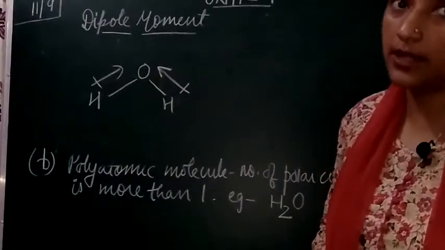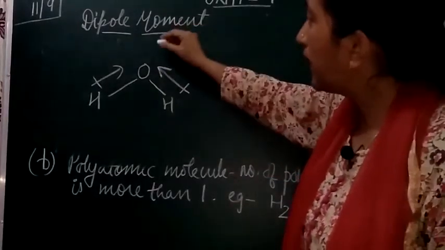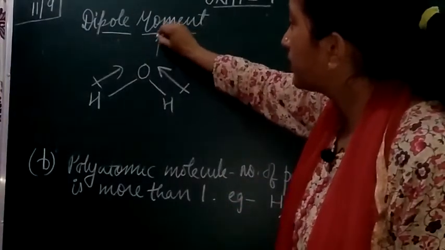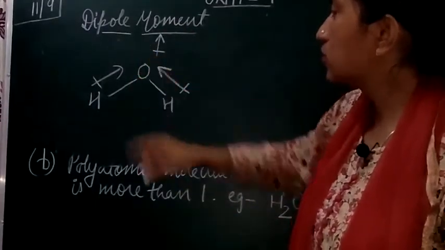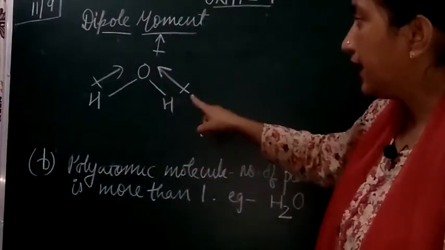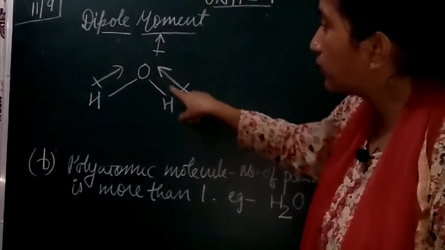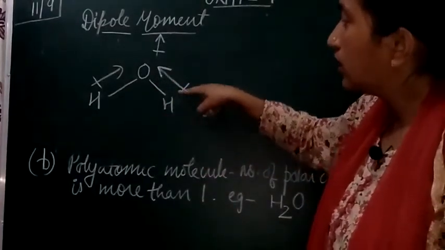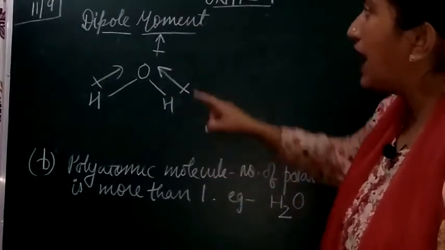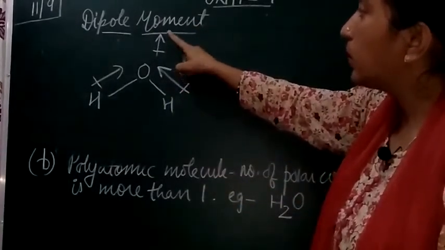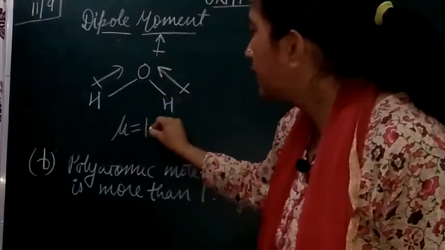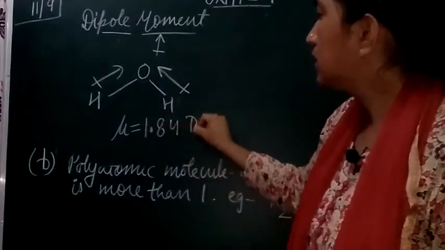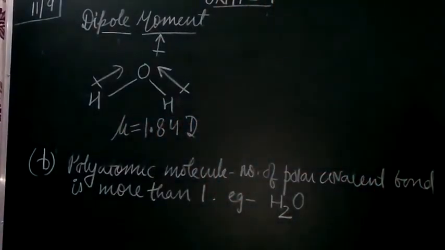The lone pair dipole moment will be in the upward direction. The two lone pairs on the oxygen atom will also show a dipole moment. The resultant dipole moment of the two O-H bonds will also be in the upward direction, so it adds to the lone pair dipole moment, and the magnitude of the dipole moment of water is 1.84 D.